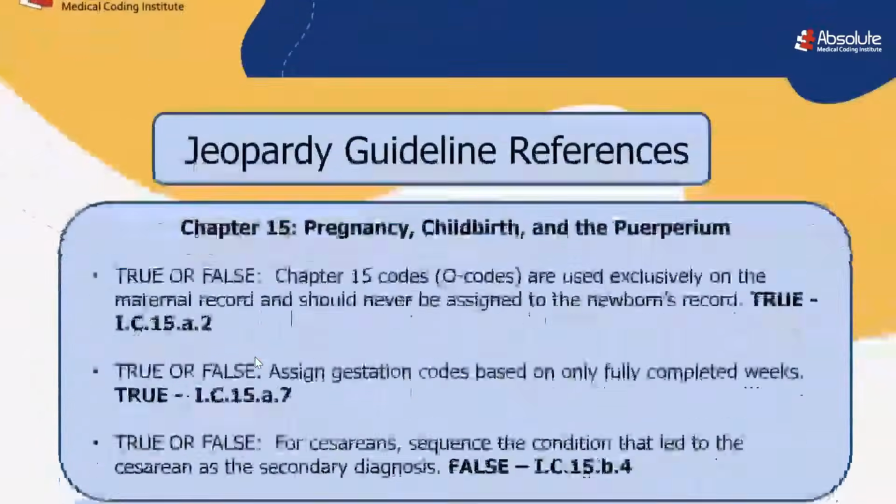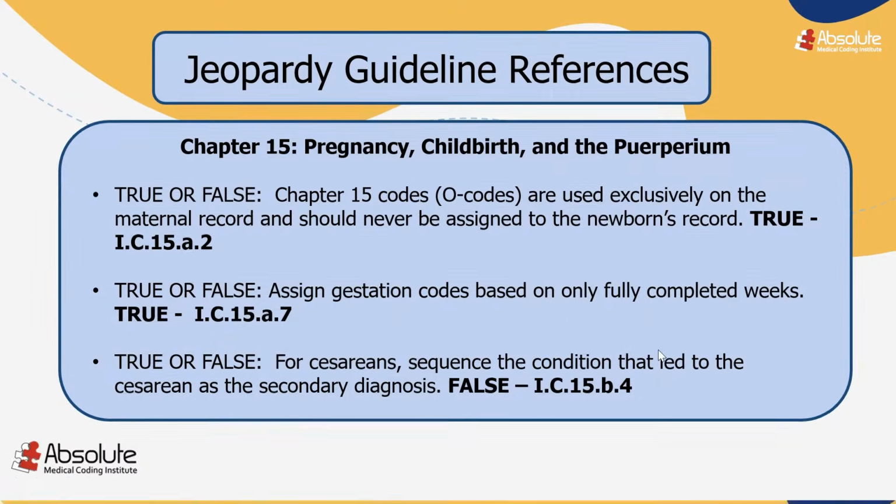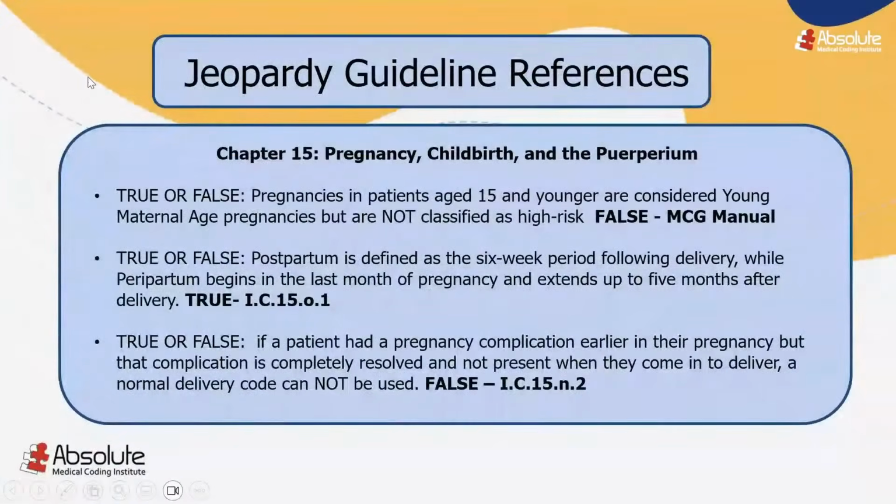They're not gone forever. All right, so this is from our first category, our first chapter 15, pregnancy, childbirth, and the puerperium. As always, this is our question followed by our answer and the specific guideline that I took the question from. This is from our second category, so our second chapter 15, pregnancy, childbirth, and the puerperium, question, answer, and guideline.